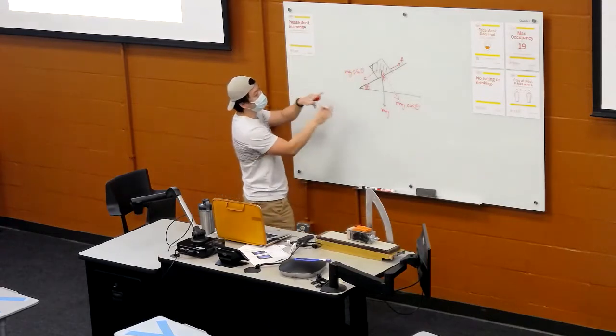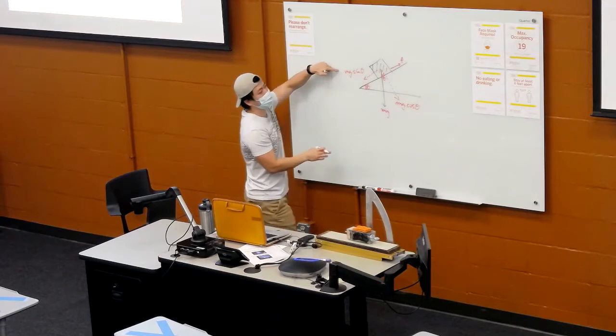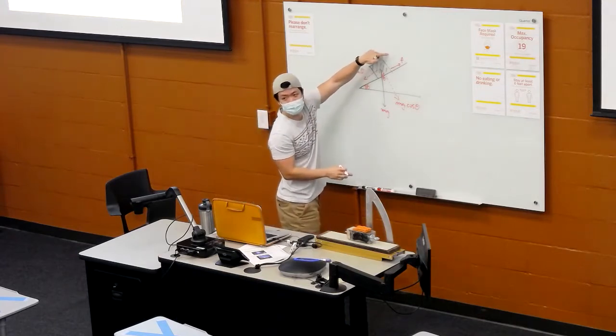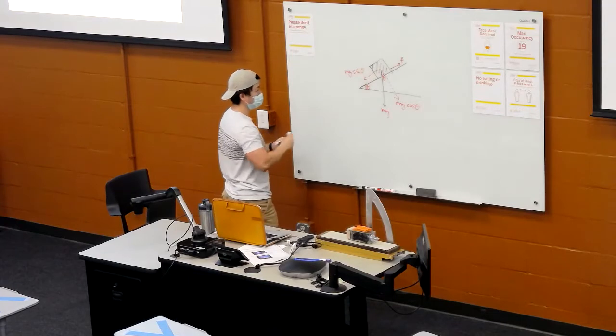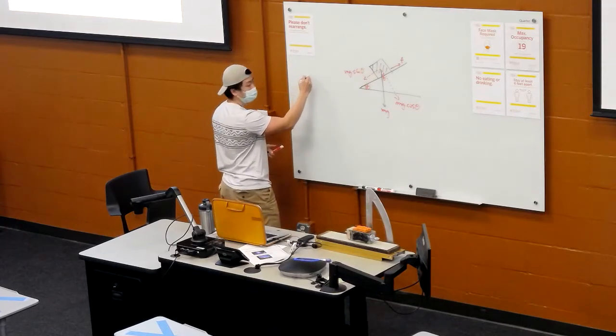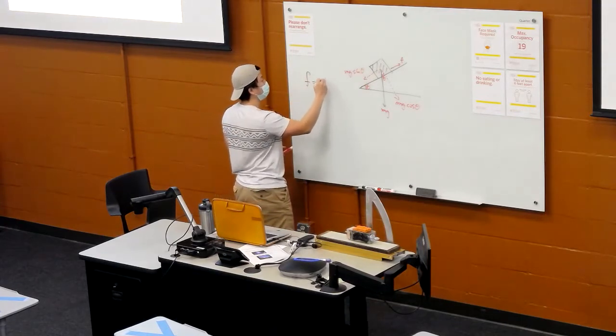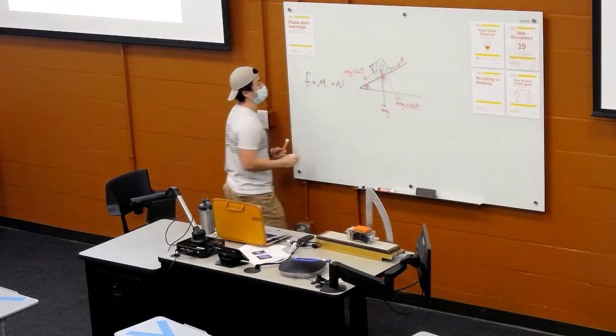And when it's just about to move, we know mg sine theta is the same as friction, right? So we can put the equation like this: friction equals coefficient times normal force.